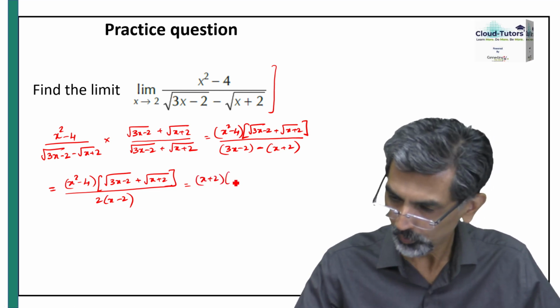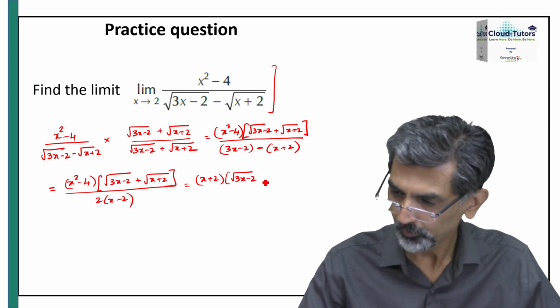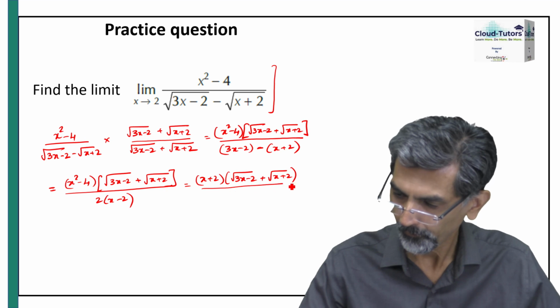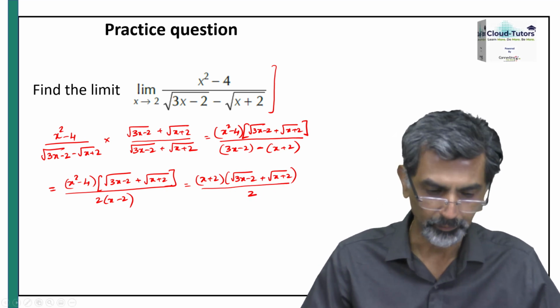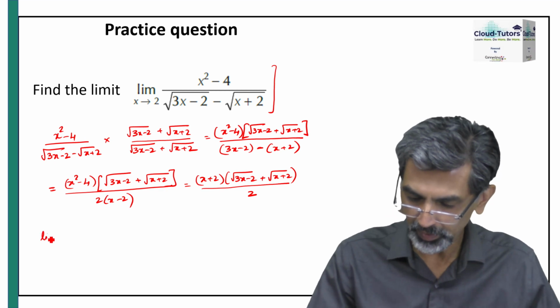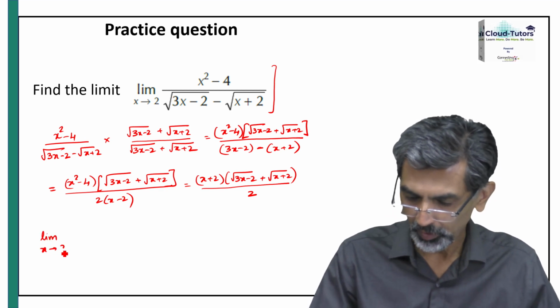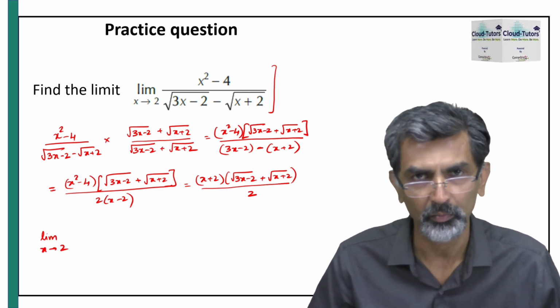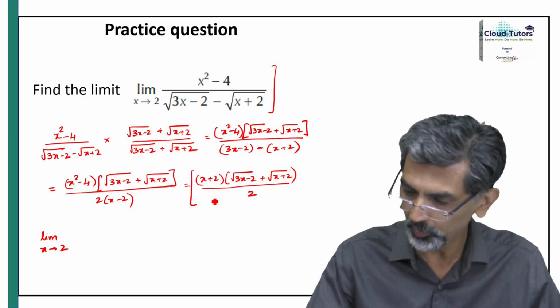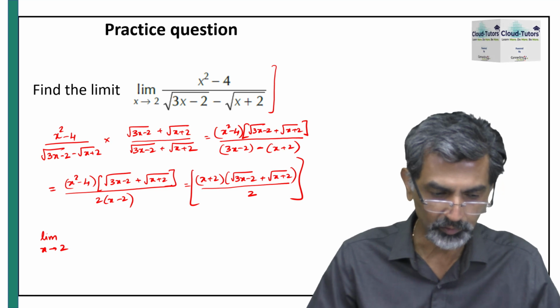which you can simplify finally to look like this: x plus 2, like that. Now at this stage we will be able to substitute x is equal to 2 in the expression, because it is defined after we simplified it to look like this.